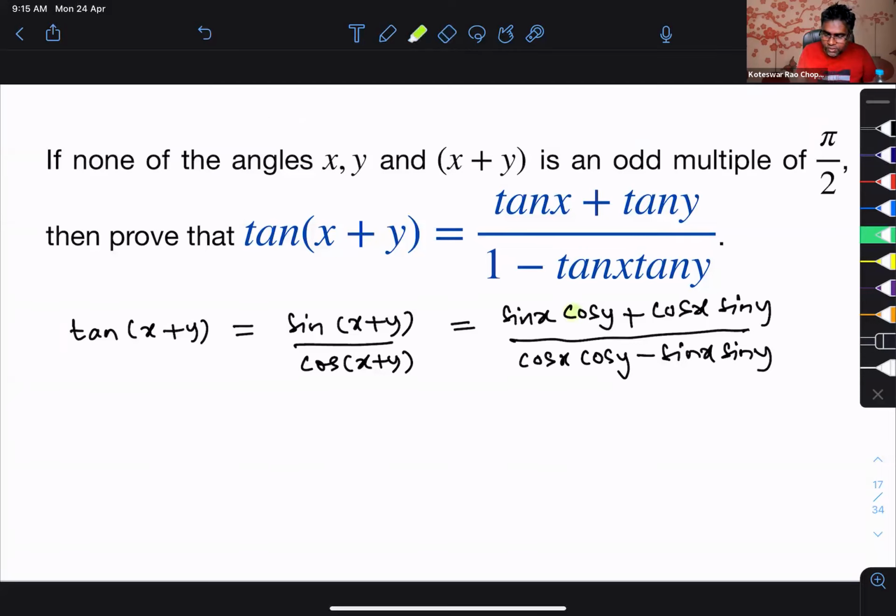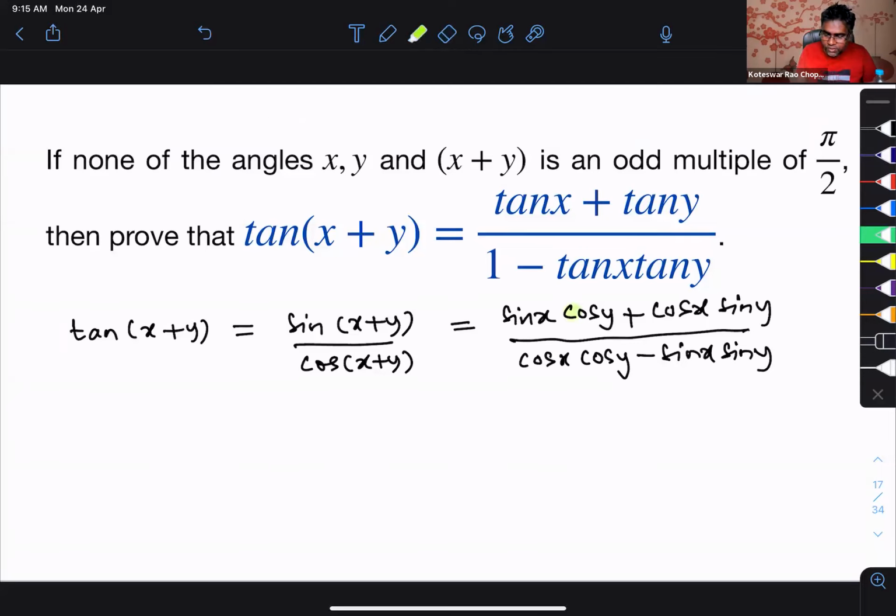So 1 over, in the denominator I can write this as tan x plus tan y divided by 1 minus tan x tan y. So I think this will move upstairs. So this will become 1 minus tan x tan y by tan x plus tan y.